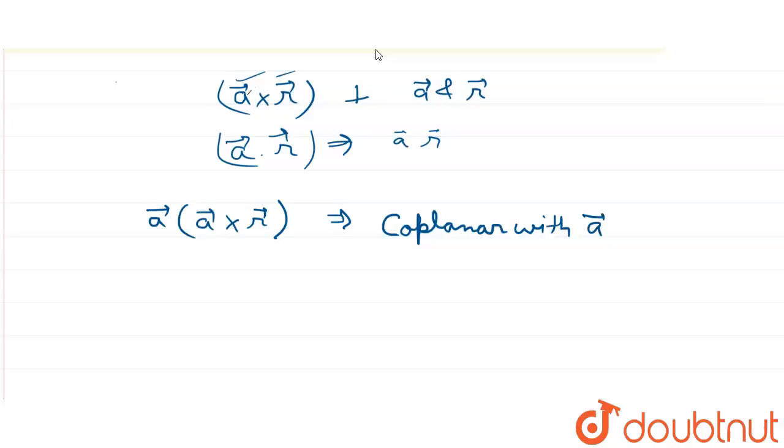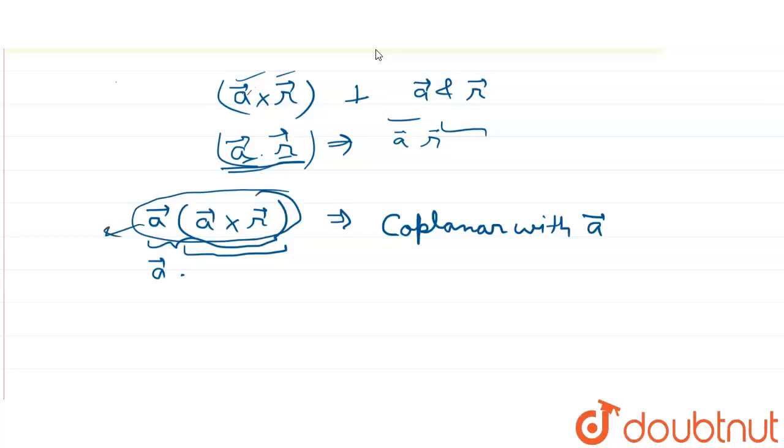How? Because as we have already said, a vector dot r vector is coplanar with a vector as well as r vector, and we can see this is nothing but a vector dot this vector. So overall this vector will be coplanar with a vector as well as this vector. So this is coplanar with a vector.